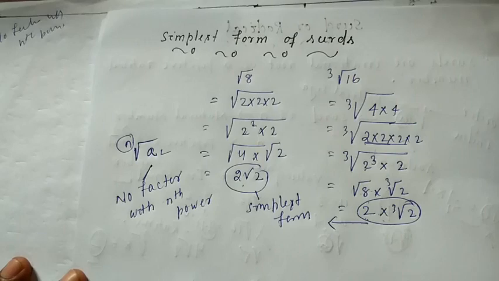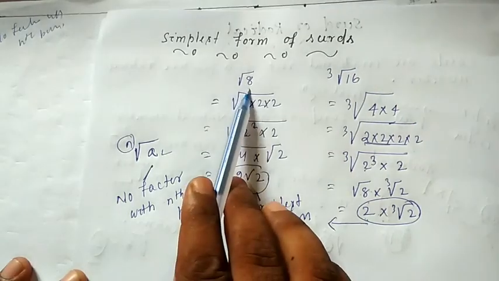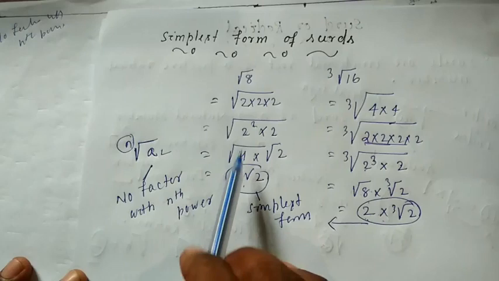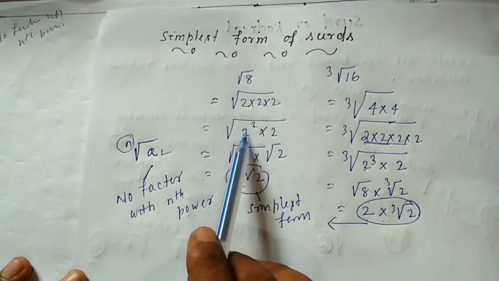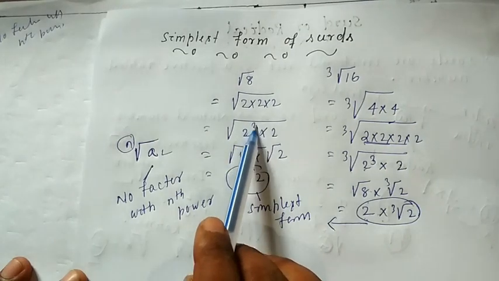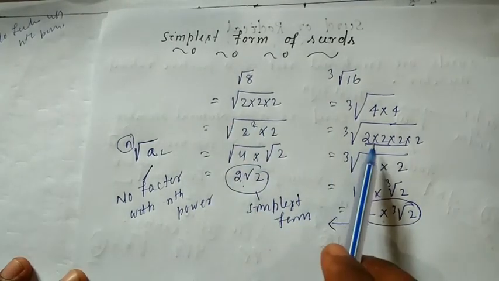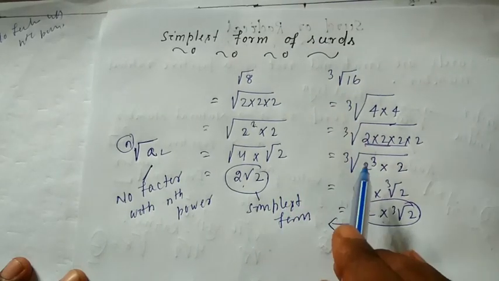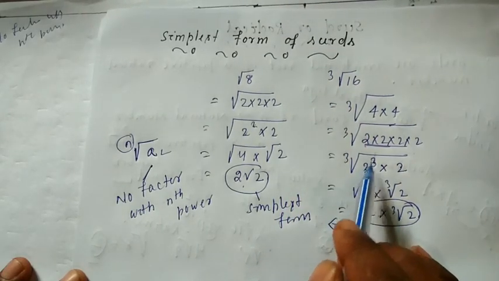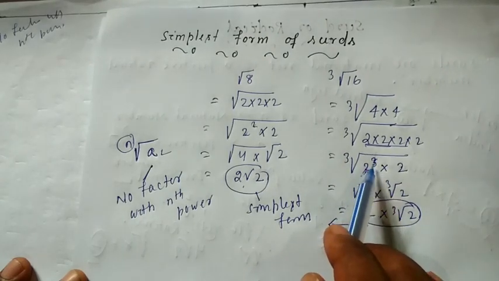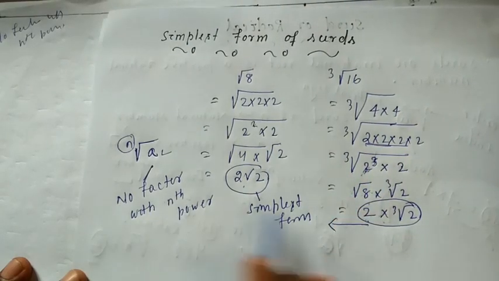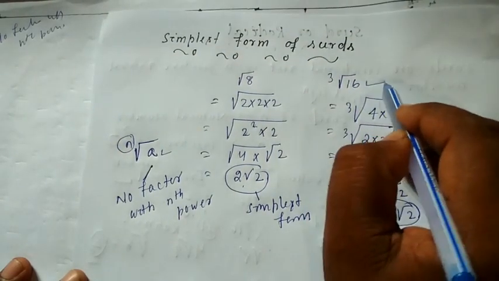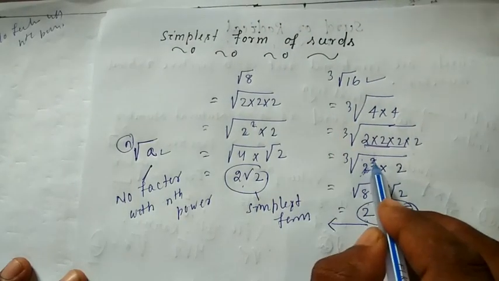What does it mean? Here, square root of 8: one of the factors of 8 you can write as 2 to the power of 2. Here the power is 2. Similarly, in the cube root of 16, one of the factors of 16 you can write as 2 to the power of 3 into 2.